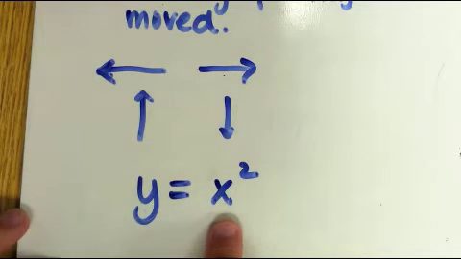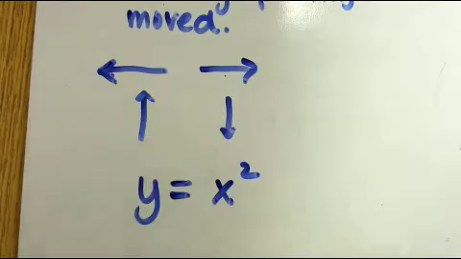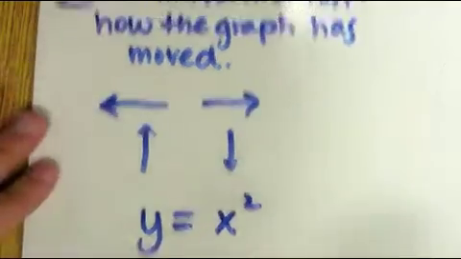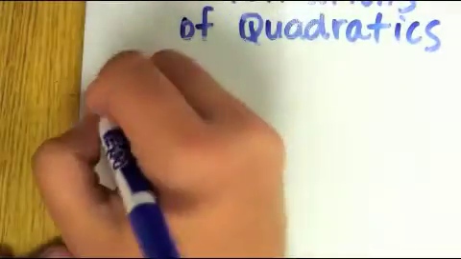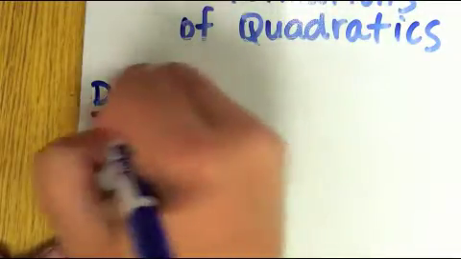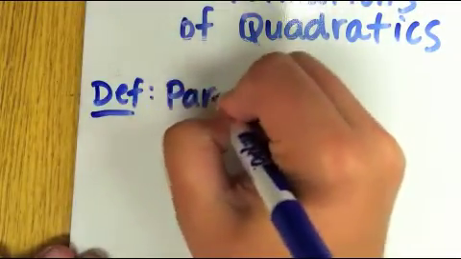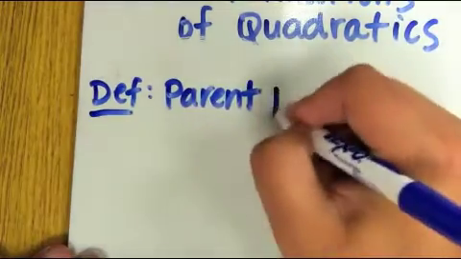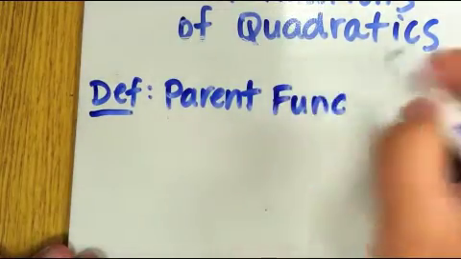Okay? Now, what I'm referring to here, this most basic graph, okay, is another definition. And that definition is called a parent graph, or parent function, whatever one you want to call it.